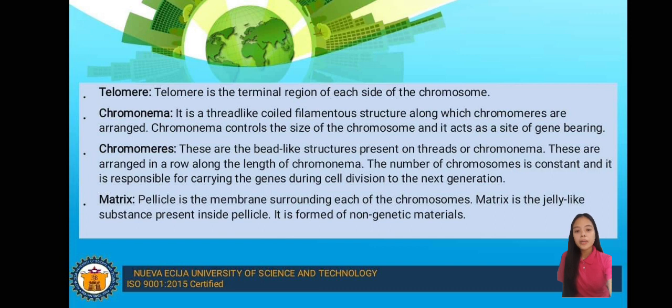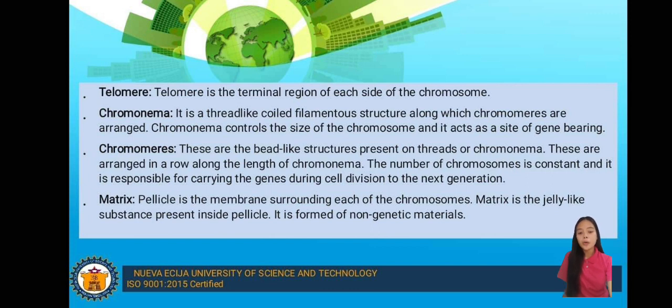So, telomere is a region of repetitive DNA sequences at the end of a chromosome. Telomeres protect the ends of chromosomes from being frayed or tangled. Next, chromonema. It controls the size of the chromosomes.